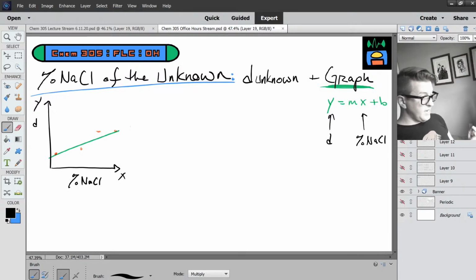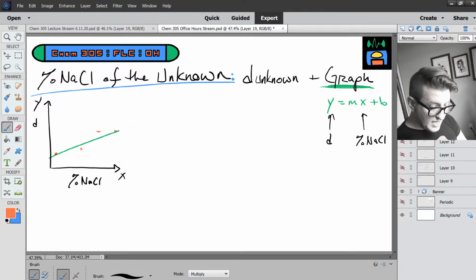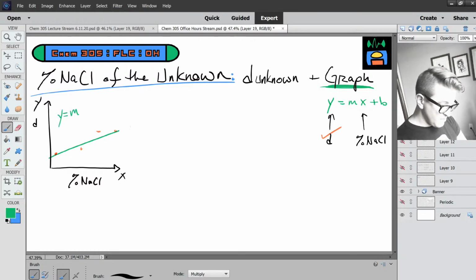All right, so Carolyn, you know the density of the unknown, and when you make your graph, you know that b is your intercept and m is your rise over your run.